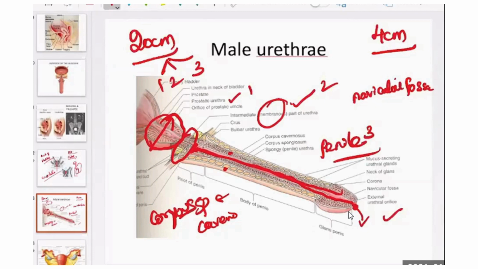Is the female urethra long or short? Short, and it is lined by transitional epithelium. That is the reason why urinary tract infections are common in females. Shorter urethra, shorter pelvis. Male has a wider pelvis and longer urethra, so infections are not common. Moreover, the peritoneal cavity in male is a closed one, whereas in female it is an open one. Am I right? Because the fallopian tube is open.